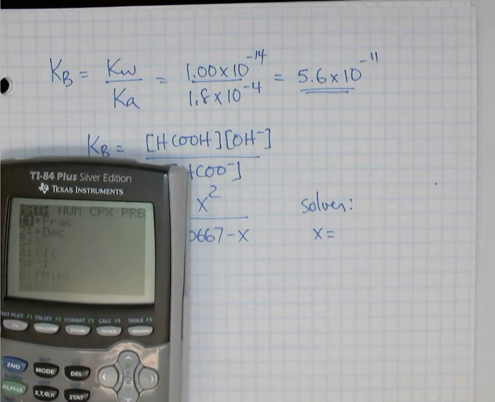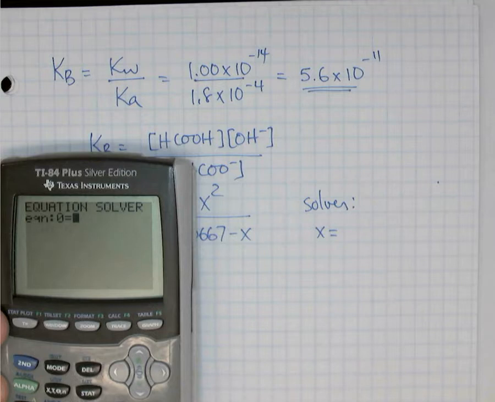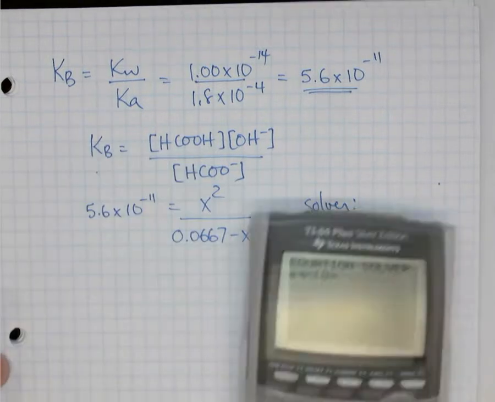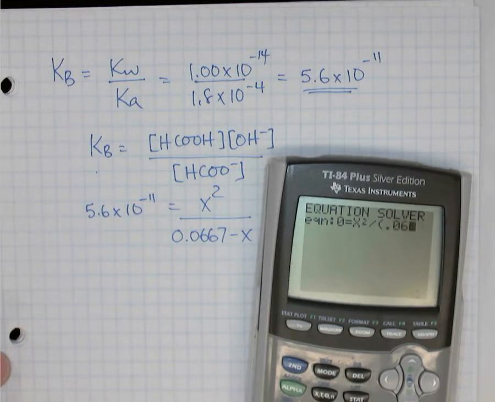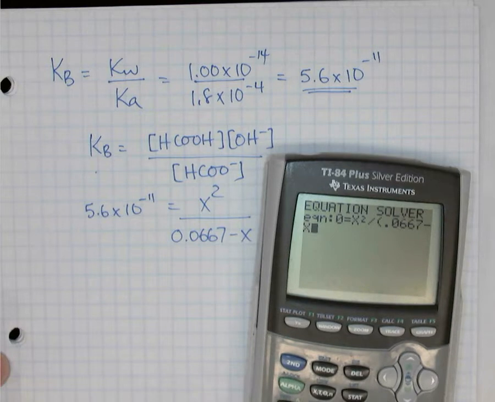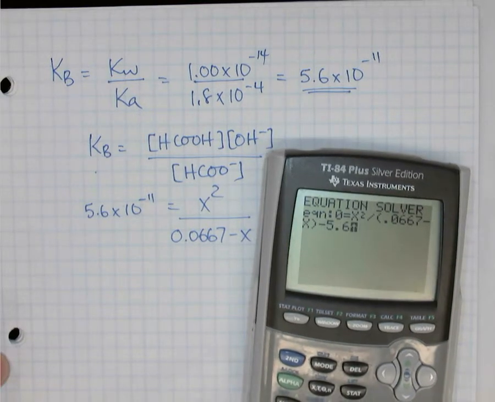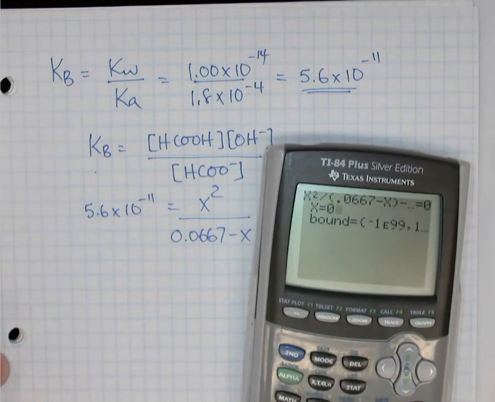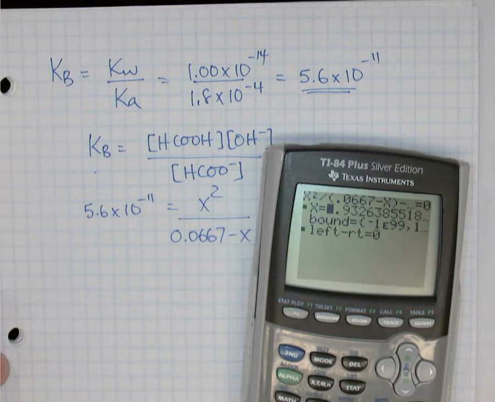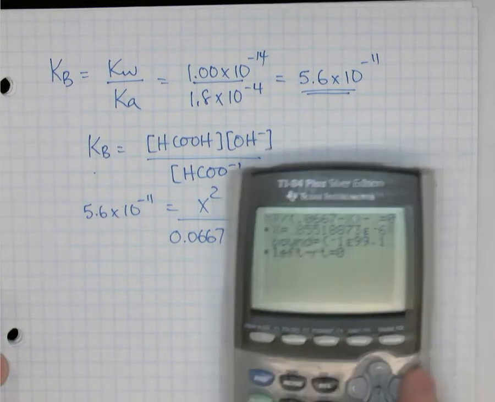So math solver, go up and clear the old equation. So we want to type in x squared divided by 0.0667 minus x, and then subtract the Kb value. I'll use 0 as my guess. Alpha solve, 1.9 times 10 to the minus 6.